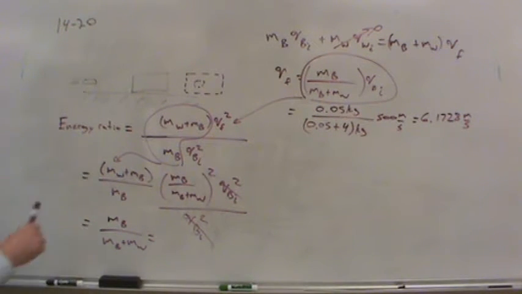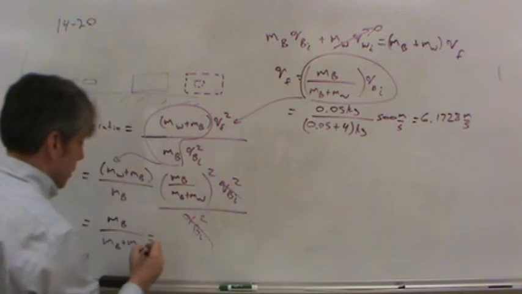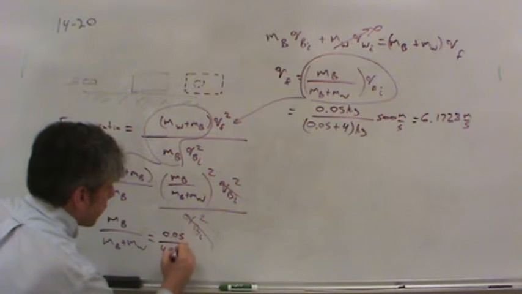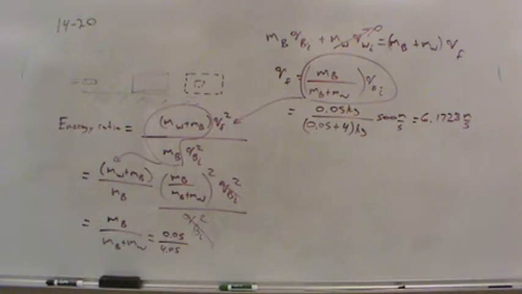So that's going to be whatever this number is, 0.05 over 4.05. Okay, and that comes out to 0.0123.